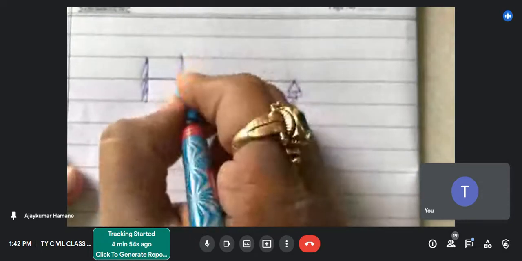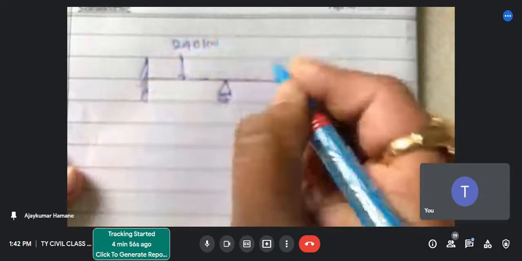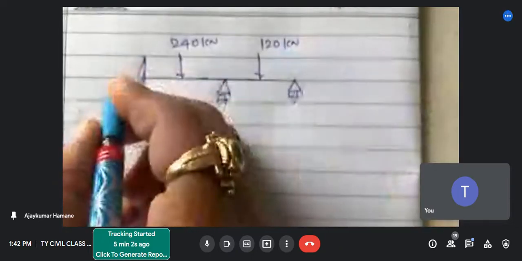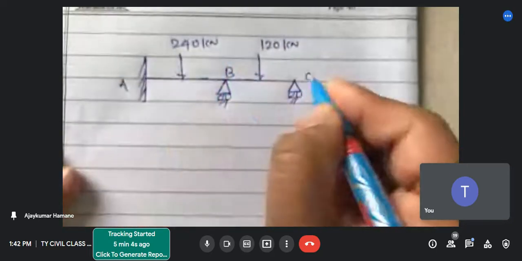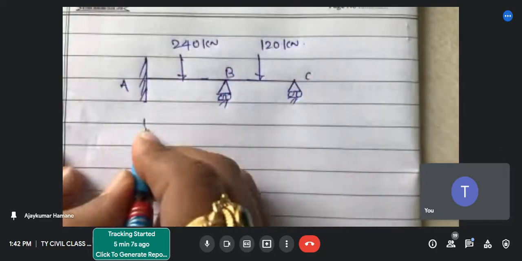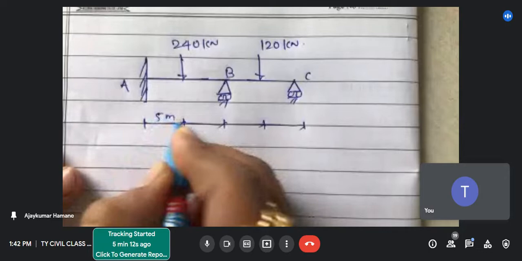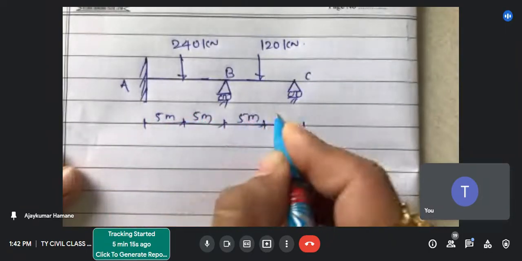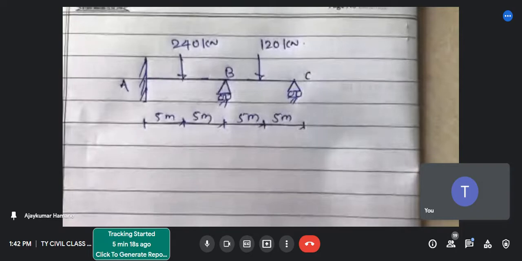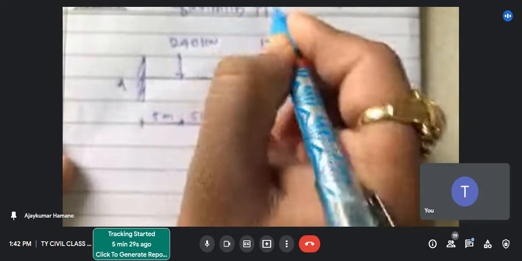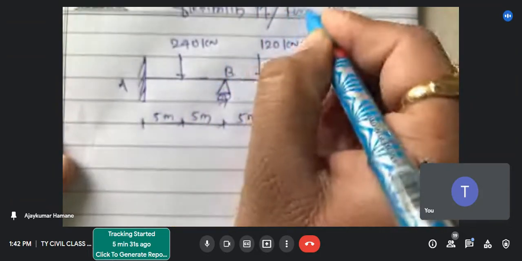Okay, and we have 240 kilonewton and 120 kilonewton load, A, B, C, and the spans of all the beams are 5 meter, 5 meter, 5 meter, 5 meter. So this we have to solve by the flexibility method or force method or compatibility method.